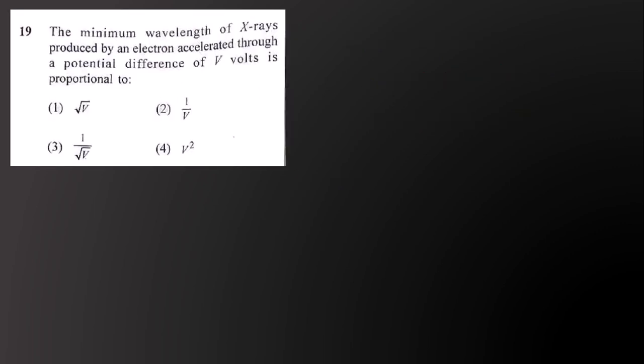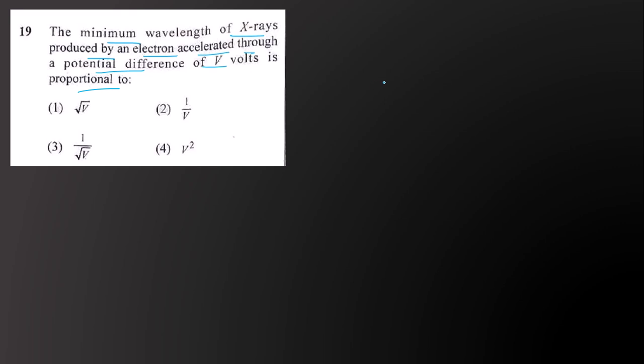Let's move on. Here it is given that the minimum wavelength of X-rays produced by an electron accelerated through a potential difference of V volt is proportional to what? So we know that in the production of X-rays, the electrical energy is given to electrons.